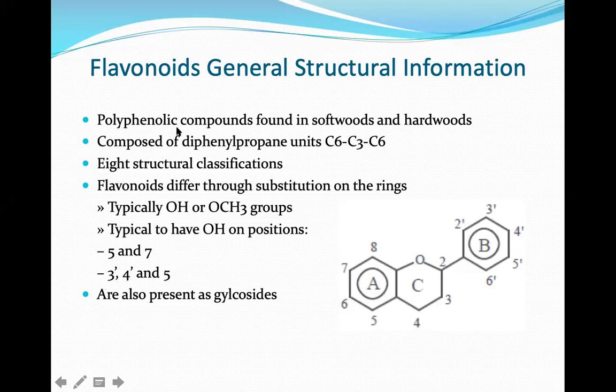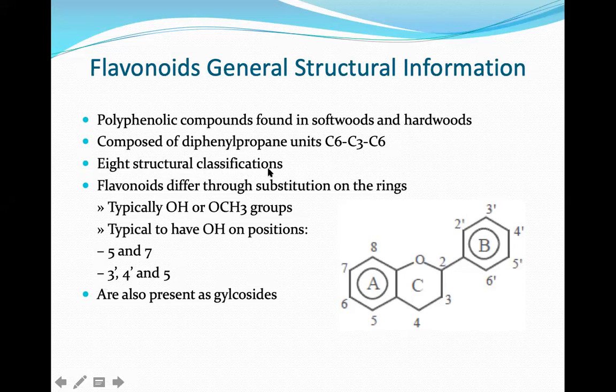Polyphenolic compounds found in softwoods and hardwoods of plants are called flavonoids. They are polyflavonoids and contain many hydroxyl groups. They are polyphenolic compounds composed of diphenyl propane units. This diphenyl propane unit is unique in the flavonoids.